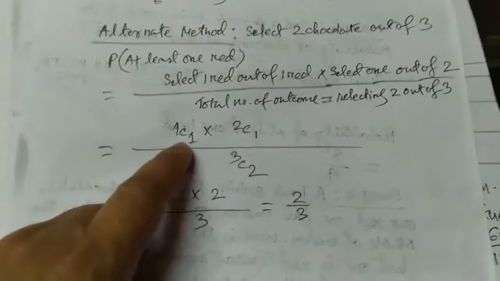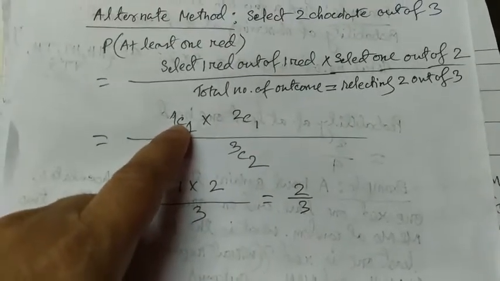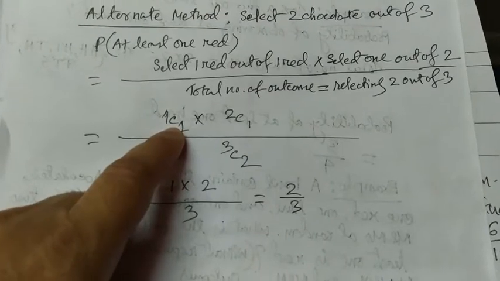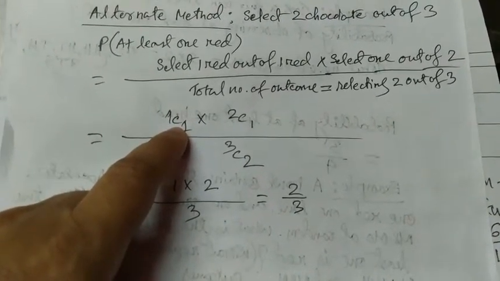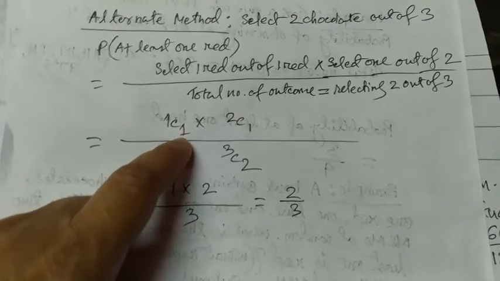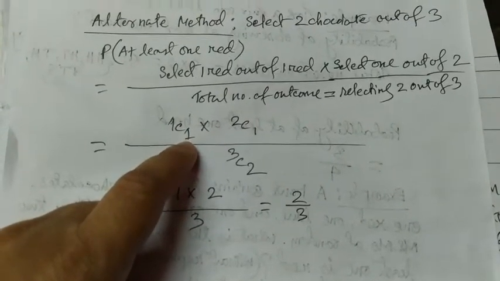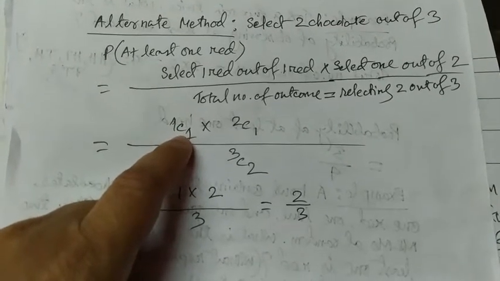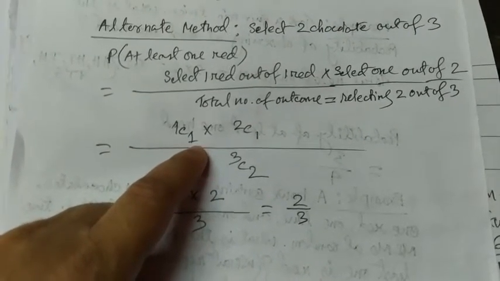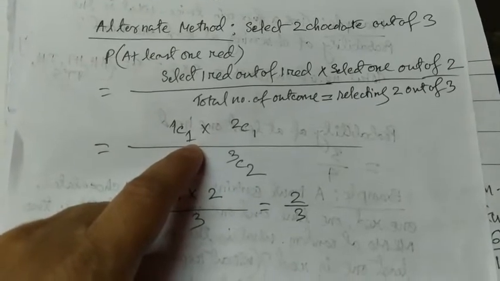To solve this one, you will press 1 first and then press shift in your calculator, and then press the division sign, and then press 1.